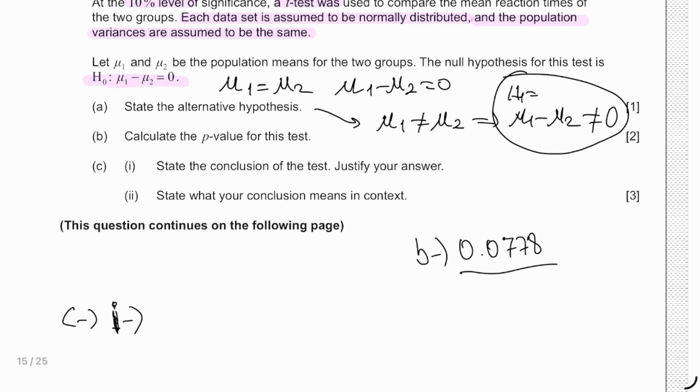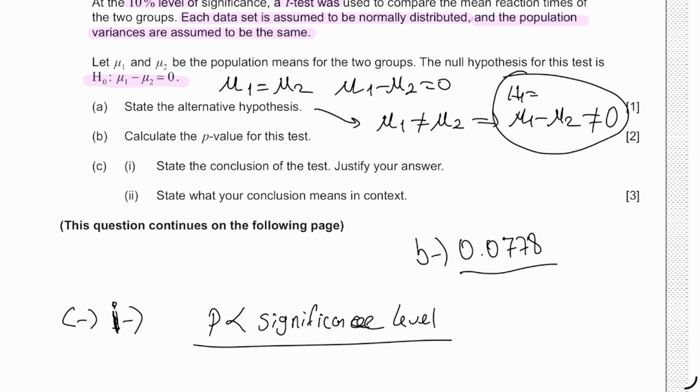So remember how do we conclude it? If the p-value is smaller than the significance level, we always say reject H0. You should memorize this one, okay? So is this the case?